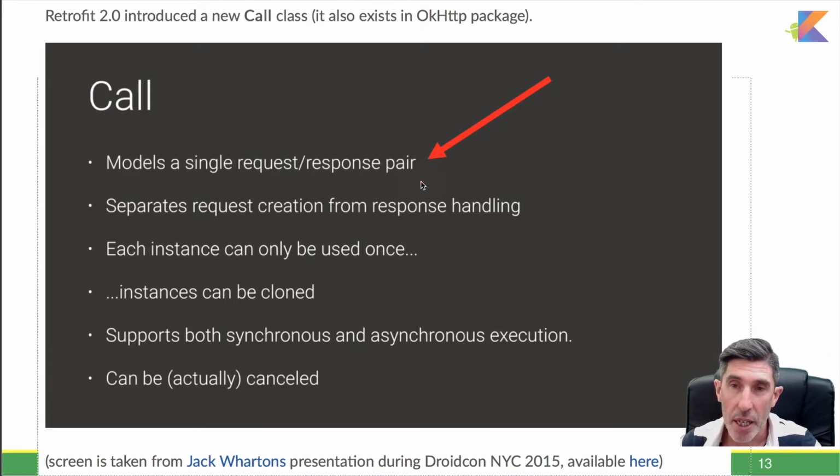The issue arises if you want to make more than one call inside an activity or inside a fragment. In that instance, and there is flexibility there, it's a little bit more complicated, but you have to create anonymous classes.